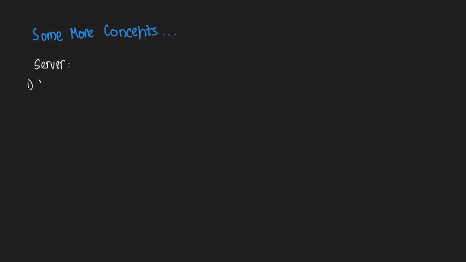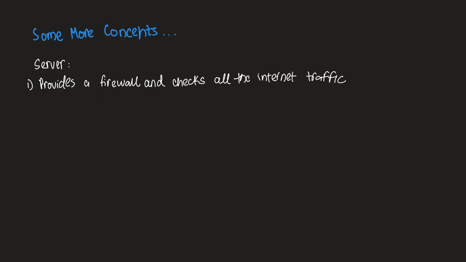It provides a firewall and checks all the internet traffic. The server can also act as a proxy, which is an intermediate between a client requesting a resource and the server providing it.